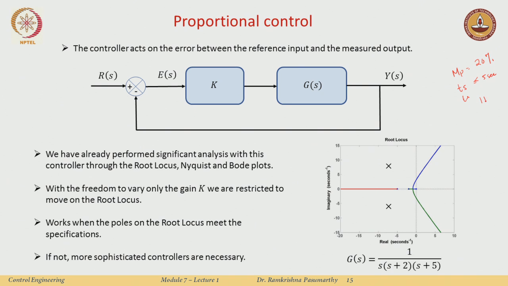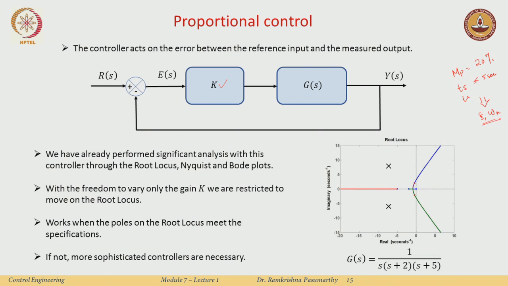So, what this will translate to is some zeta and some omega n. Now, I just keep on moving my gain from 0 and see at any point of the root locus if these specifications are met, if these are my dominant poles. If it is met at this point and this point, then I say yes, I can just adjust the gain and that value of gain k would sit in the controller and do my objectives.